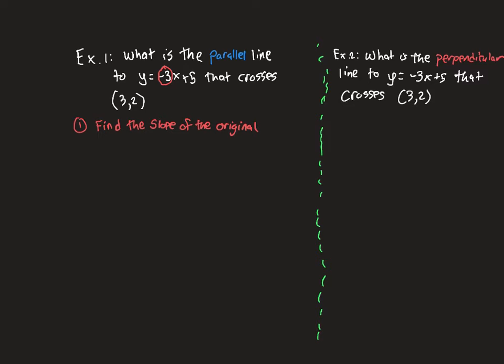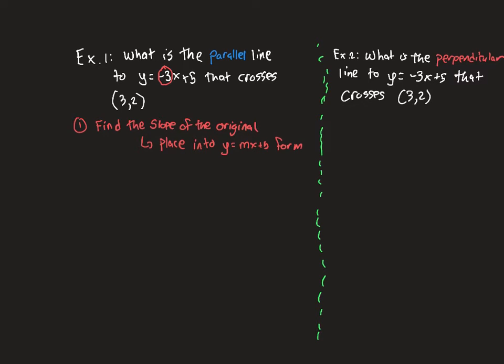Now, I know people are reading this step and saying, why is this even here if it's that easy? Well, what happens if it was originally in standard form? In which case, you would have to place it into y is equal to mx plus b form. But that's already done here, so we get to skip step 1.